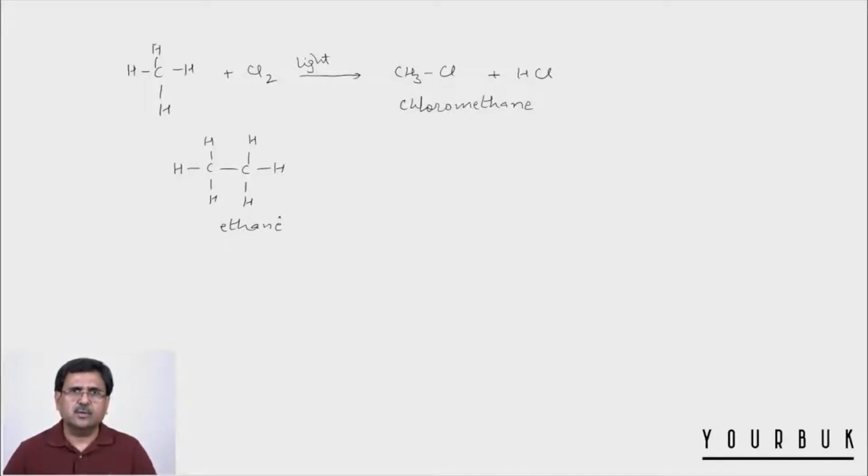Again, on reaction with chlorine in the presence of light, we can also write UV light, you can replace any one hydrogen of the parent ethane by chlorine. So since all 6 hydrogens are chemically the same, any hydrogen of ethane can be replaced by chlorine, and one and only one product is obtained. This is called chloroethane, and HCl is a side product.